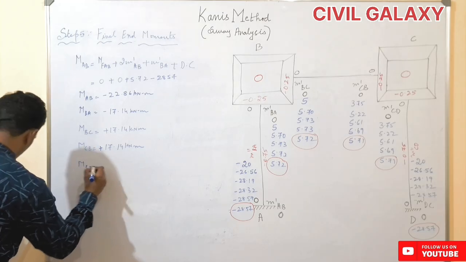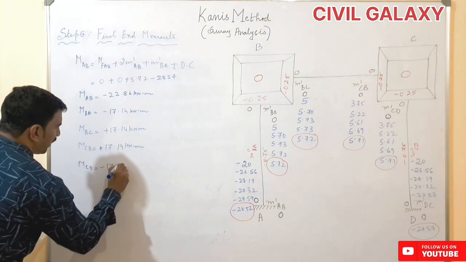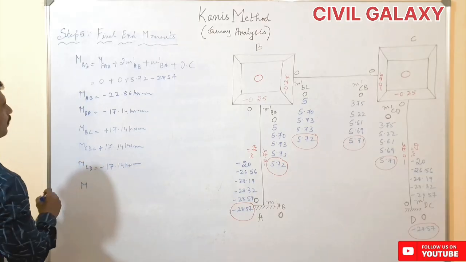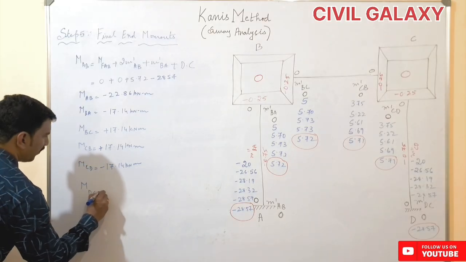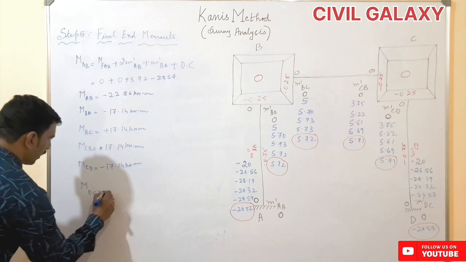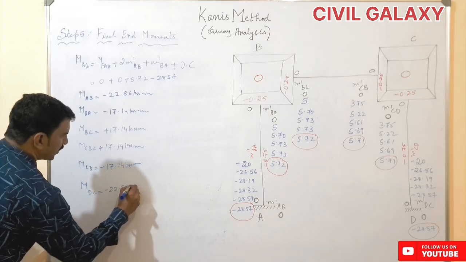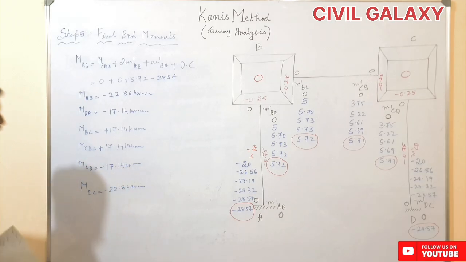Moment about C to D here is minus 17.14 kilonewton meters, and moment from D to C, we are having a value of minus 22.86 kilonewton meters. So this is the value.